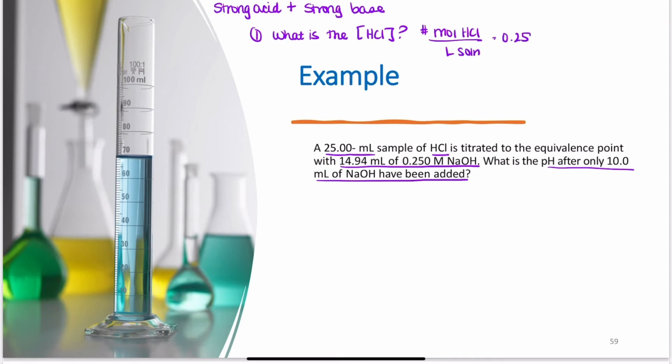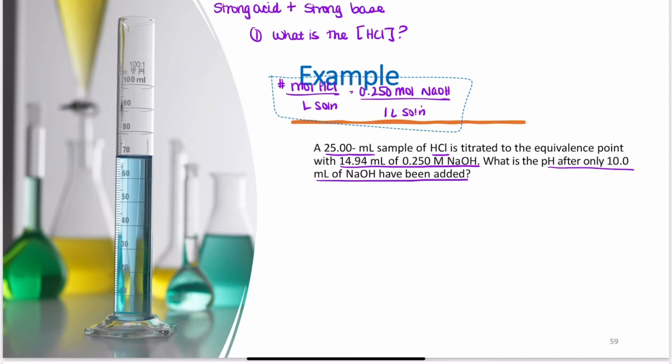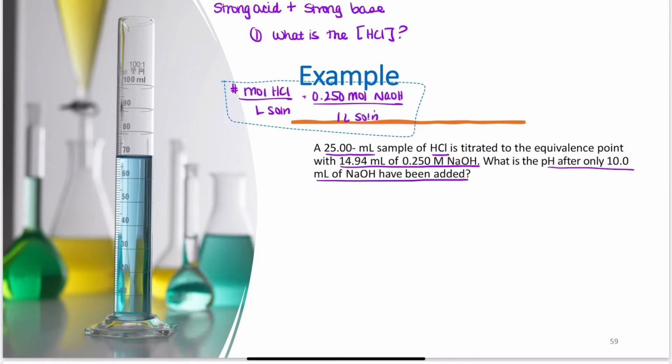I've got 0.250 mole NaOH per 1 liter of solution, and I used 14.94 mL of NaOH, so 0.01494 liters of NaOH solution.